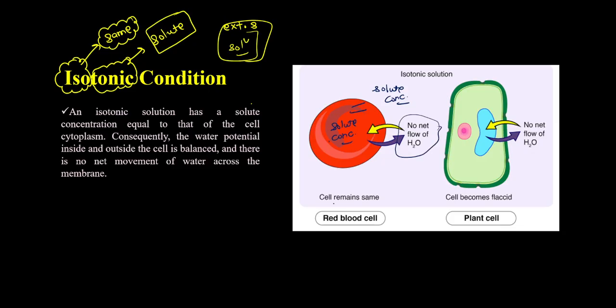So the animal cell will be the same, no effect on the animal cell. Then if a plant cell is placed inside the isotonic solution, same, no net flow of water will be there, but the cell becomes flaccid.